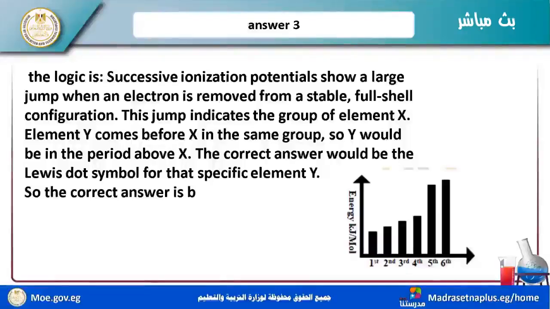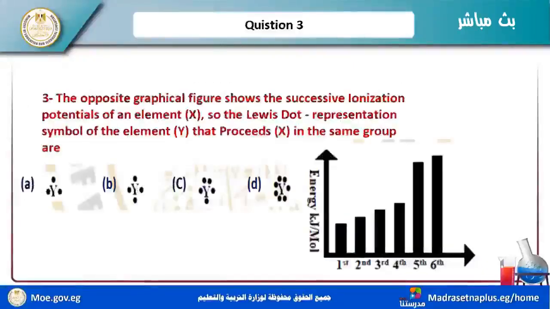The jump indicates the group of element X. Element Y comes before X in the same group, so Y would be in the period above X. The correct answer is the Lewis dot symbol for element Y, so the correct answer is B. Y has 4 electrons, 4 dots around it.